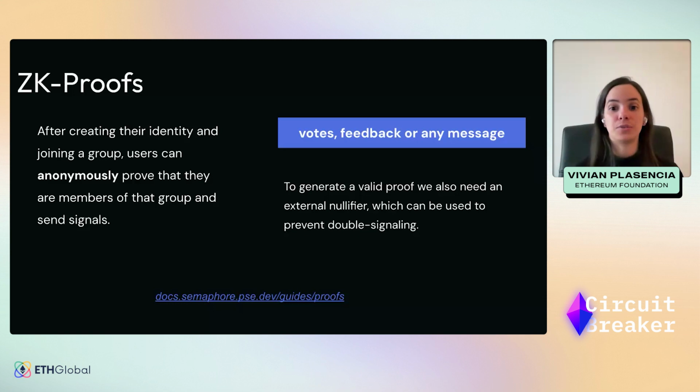Since the external nullifier is always the same, every time the same user creates another proof, they will not be able to verify it twice, because these hashes are saved on chain. You can find more information about these proofs in the documentation page related to that.